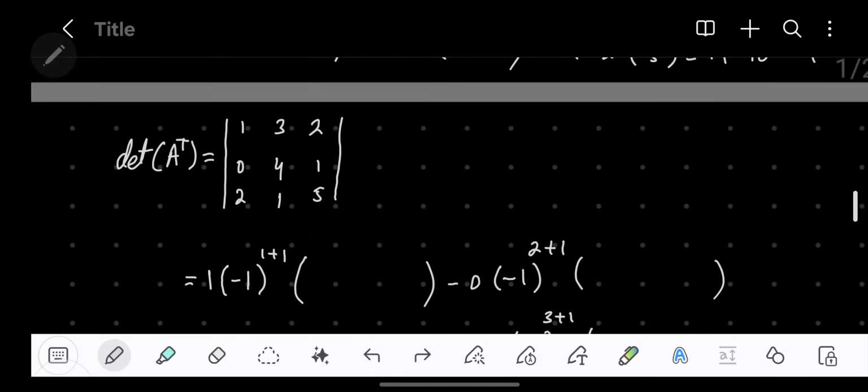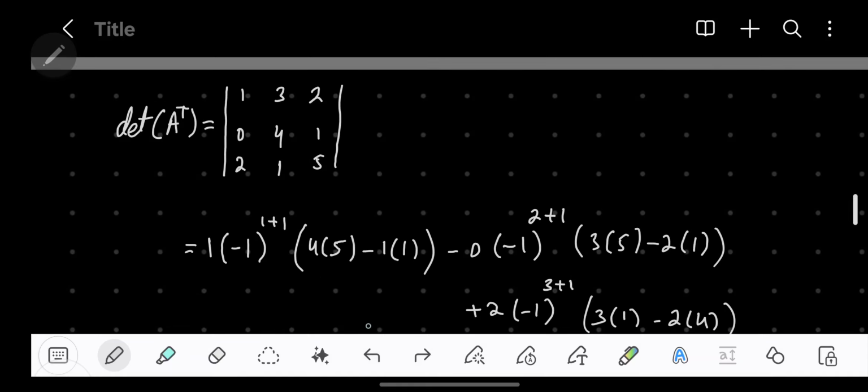And then I will write the determinants of the submatrices. For this entry, I will skip this row and column, and the determinant of this will be written here, which is 4 times 5 minus 1 times 1.